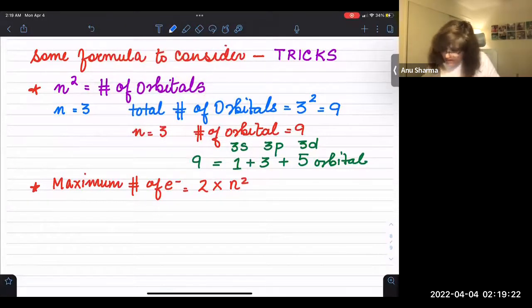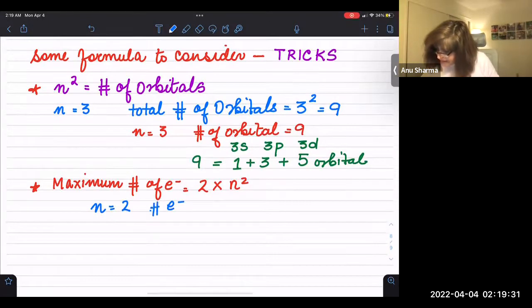For example, when n is equal to 2, the maximum number of electrons that can be held is 2 times 2 squared. So that means 2 times 4, which is equal to 8 electrons.